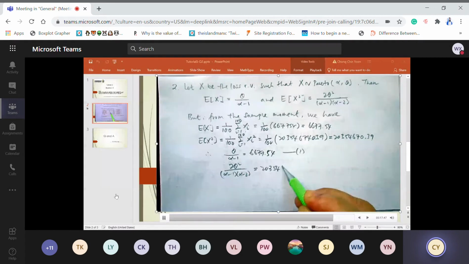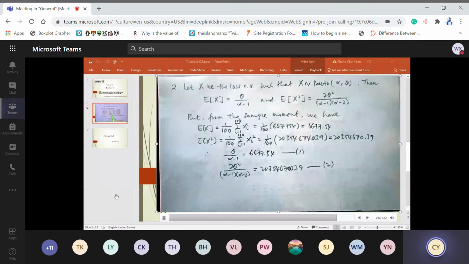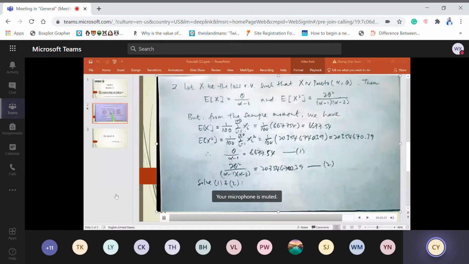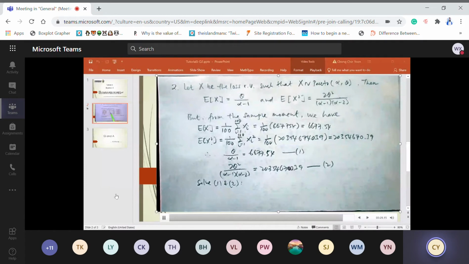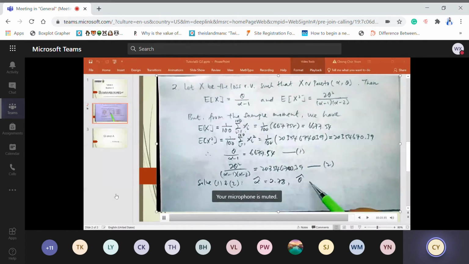Say this is the second equation. And now we solve 1 and 2. We can find the estimate of the parameters: alpha equals 2.78, and theta equals 11884.40.